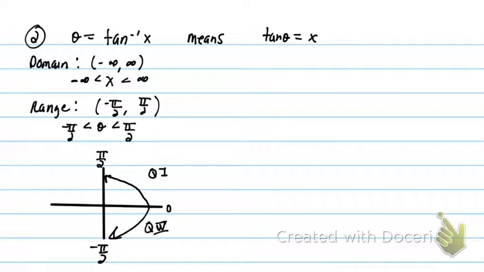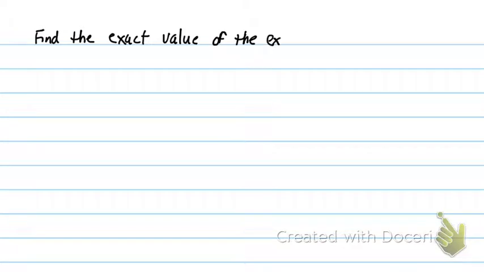So let's look at a few of these from the text. It's going to be the same thing. They want us to find the exact value of the expression. Does everybody have everything written down here? Okay. All right, so let's do question 20 to start.